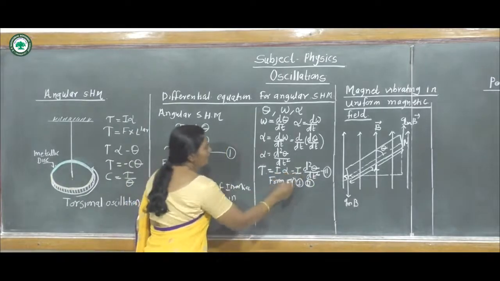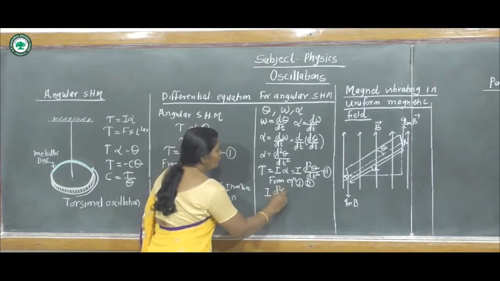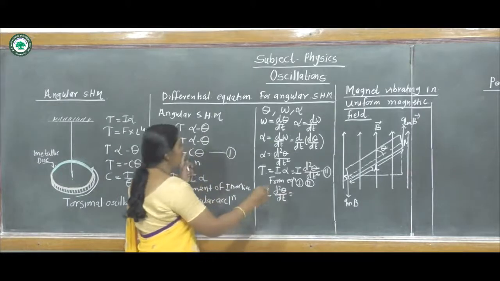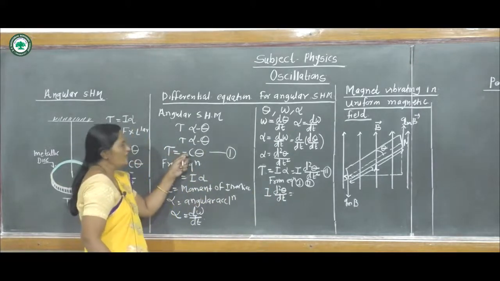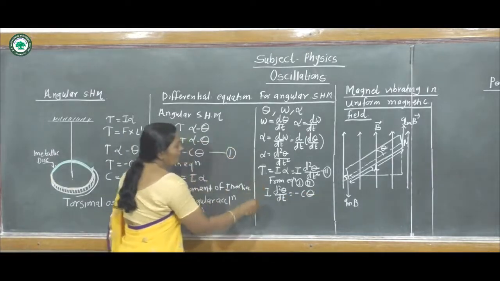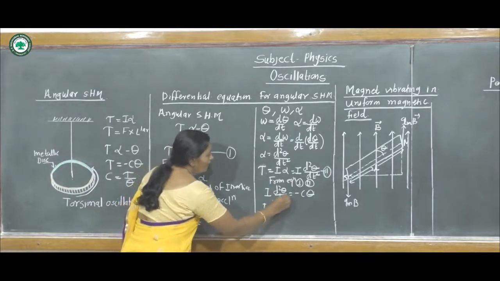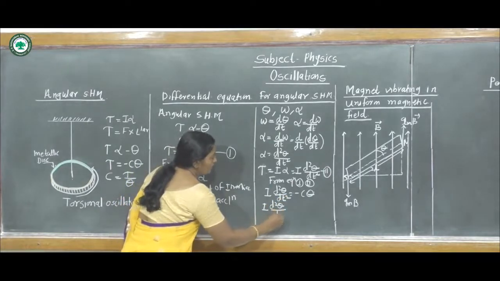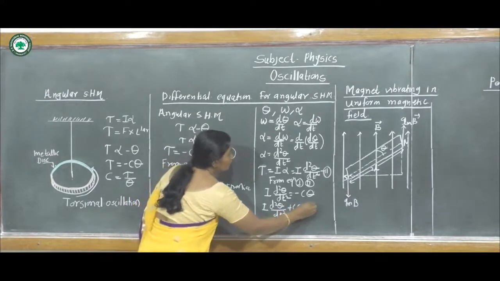From equation 2 we can write I d2 theta by dt square is equal to the value of torque, which is minus c theta. We can write I d2 theta by dt square plus c theta is equal to 0.